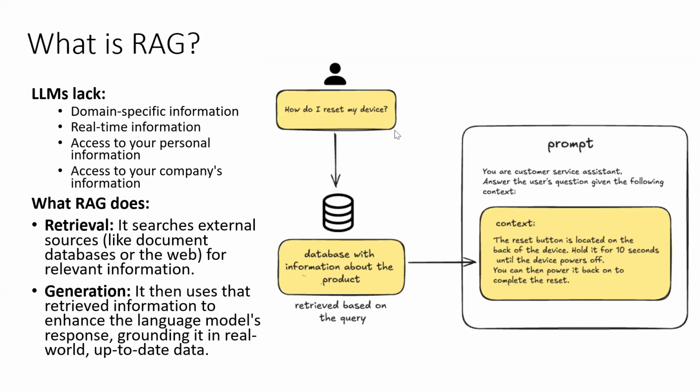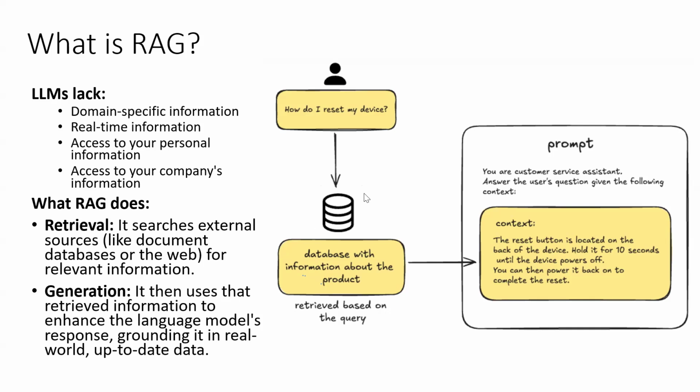It will have no clue what device you are talking about, isn't it? Okay. So in order to get such questions answered which are specific to your data, to your procedures or your SOPs or your guidelines, you can take your information and put it in a specific database which is called the vector database.